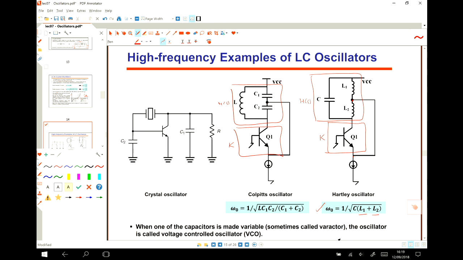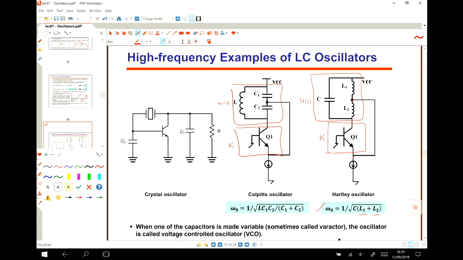When you connect the VCC and power it up, because of the noise that is coming into this circuit, it starts oscillating, and then it gives you a signal. So there is no need of adding any AC signal to this. It just amplifies the noise, and based on this frequency selective circuit, only that component of the noise which passes through this frequency selective circuit is amplified, and then it oscillates at that frequency.